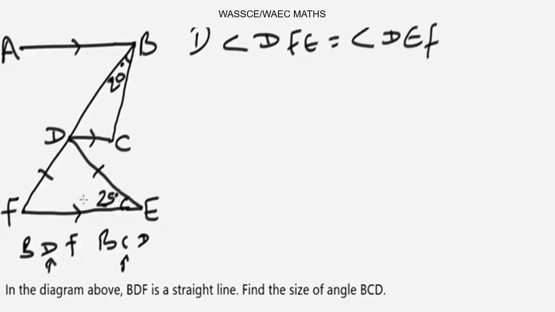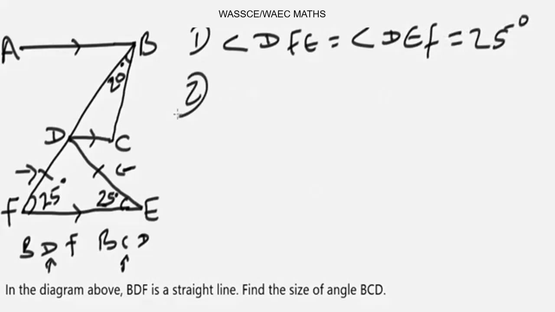That means we have to put 25 degrees here. It's isosceles because of these two dashes. These 2 dashes indicate that the length of the line at both sides is the same. Having established this fact, angle DFE equals angle DEF, which is 25 degrees.